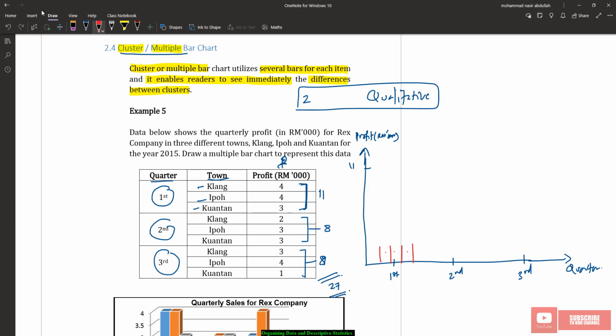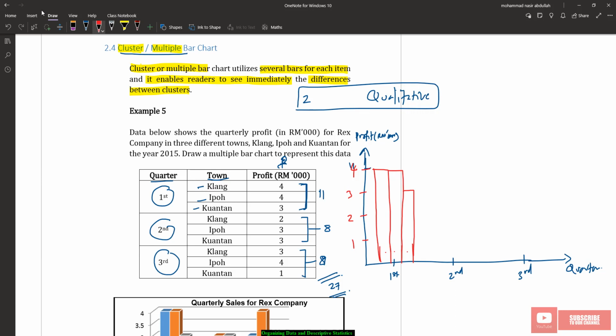So let's say saya letak sini 1, 2, 3 and 4. Contoh 1, 3, 2, 1. So for the first bar, kita ada Klang is equal to 4. Second bar also 4. Third bar 3.